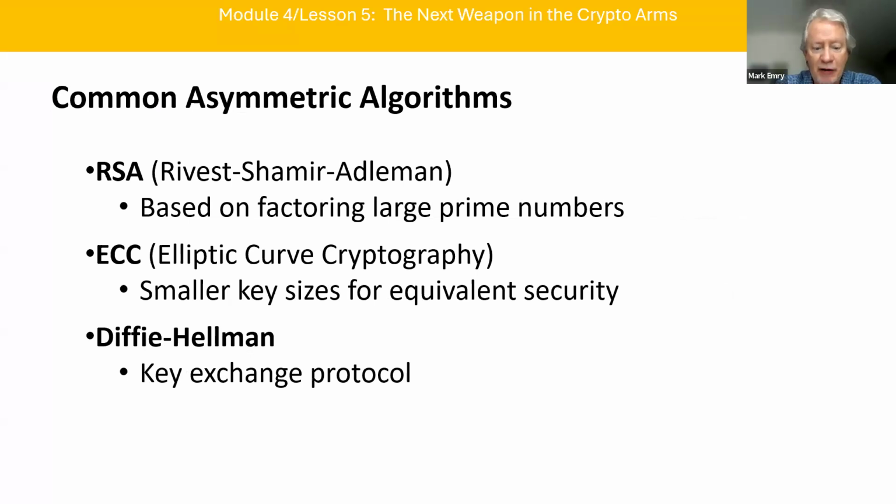There are some fairly common asymmetric algorithms. RSA, which is based on factoring large prime numbers, huge. The ECC, which is smaller key sizes for equivalent security, and Diffie-Hellman, which is a key exchange protocol.